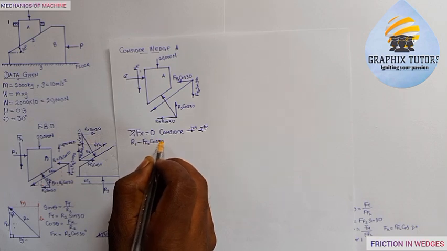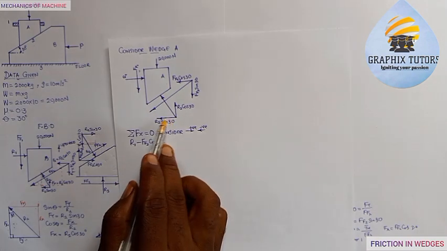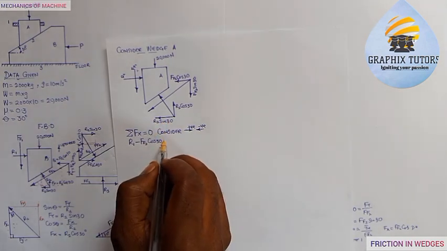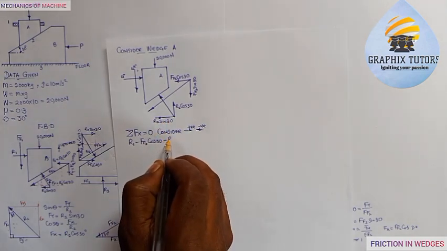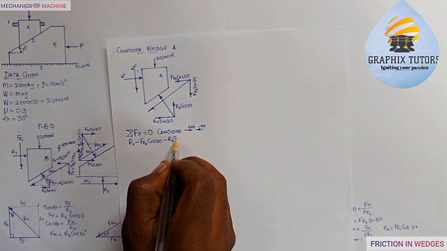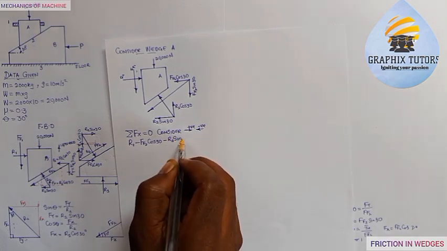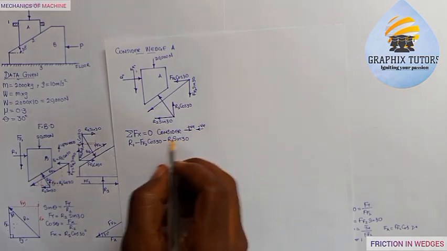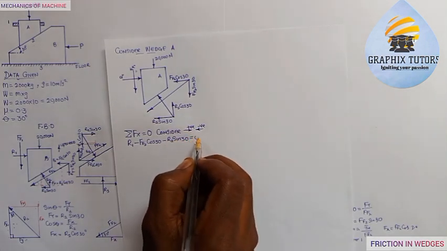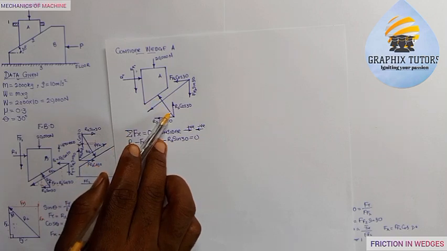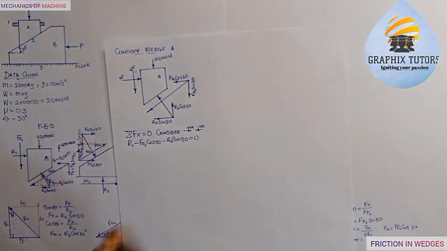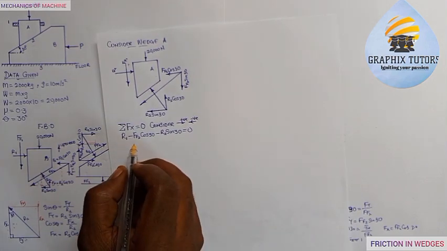Now look at this, also a horizontal component, facing left, so it will be minus R2 sine 30. So that's all we have, equals to 0. I don't need the other components because I've already resolved them. I only need vertical and horizontal.